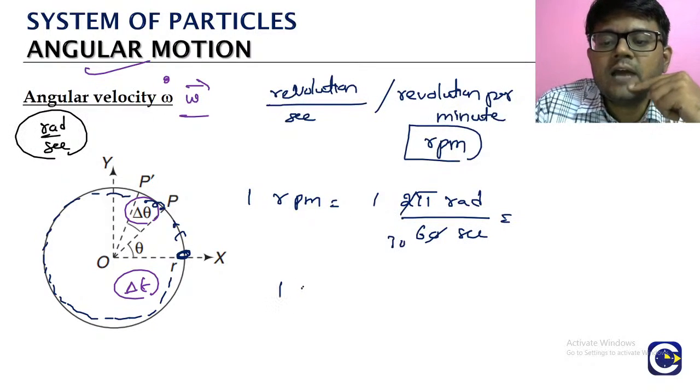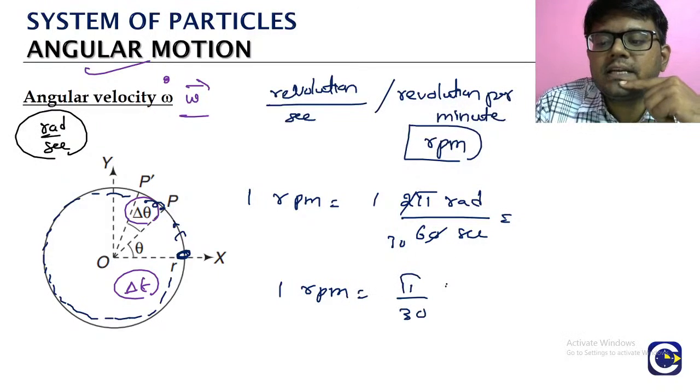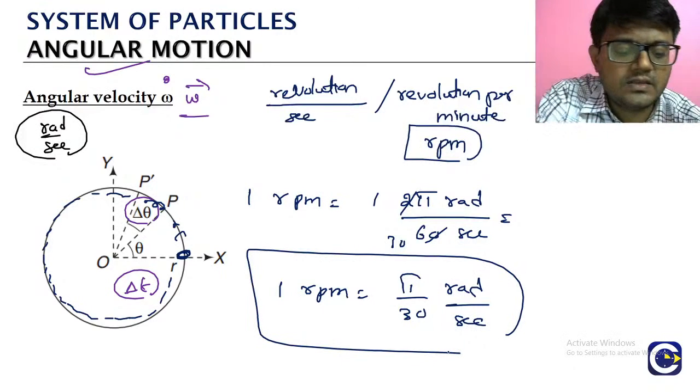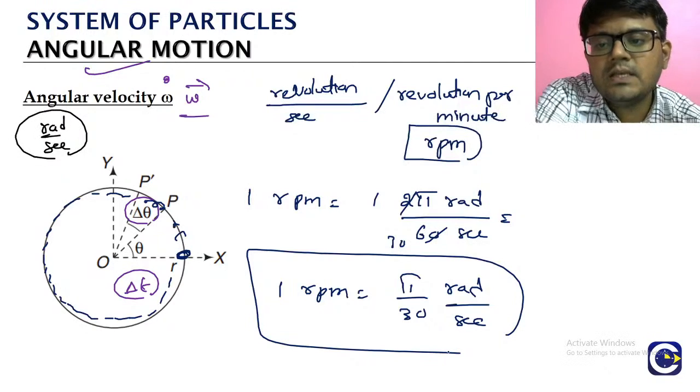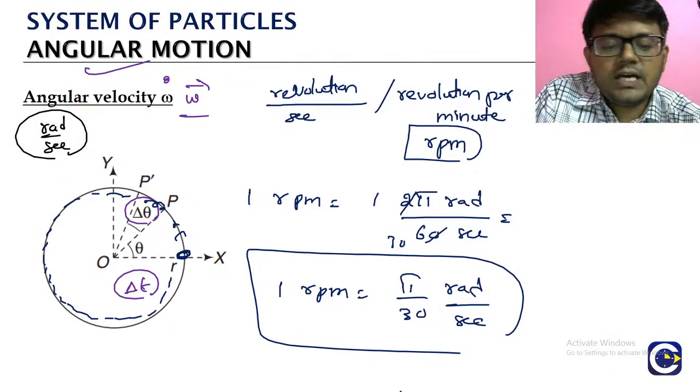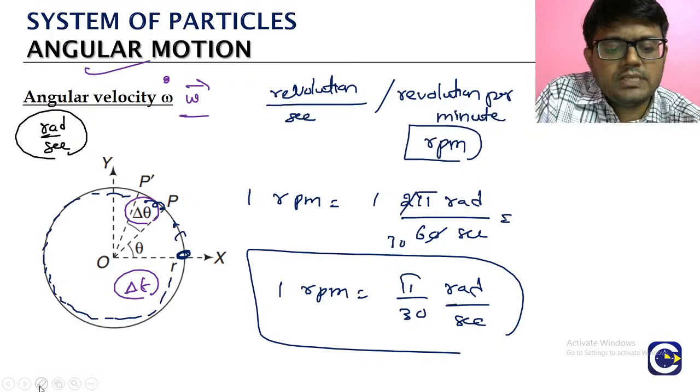So 1 RPM will be equal to pi by 30 radians per second. This is the multiplication factor: 1 RPM equals pi by 30 radians per second. This is about the units of the angular velocity.